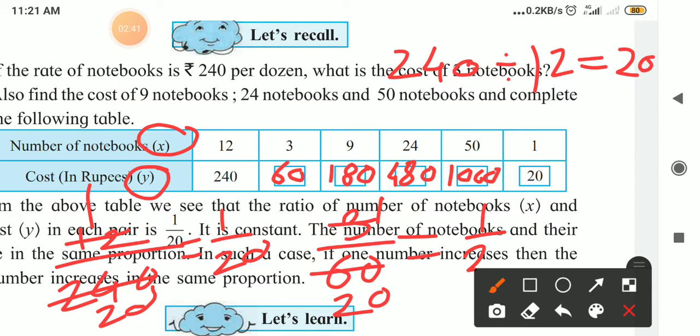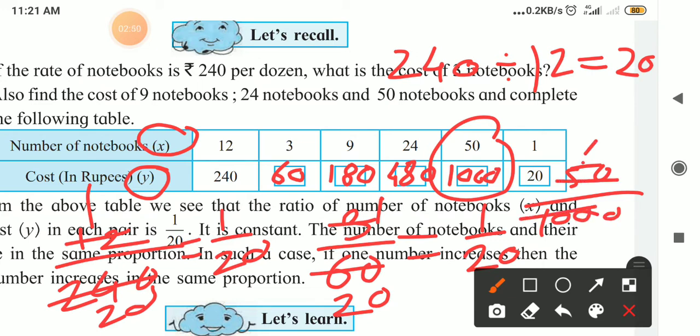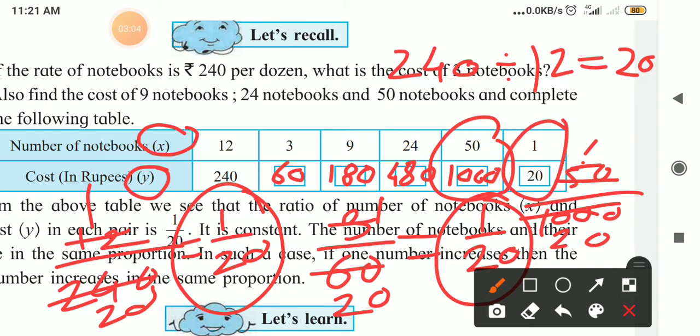Answer is 1 upon 20. Now 50 upon 1000: 50 ones are 50, 50 twos are 100 and 0. Answer is 1 upon 20. So here you will notice that the ratio of the number of notebooks to its cost is always the same, that is 1 upon 20.